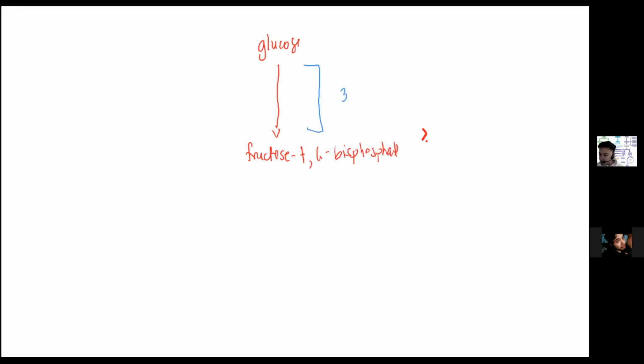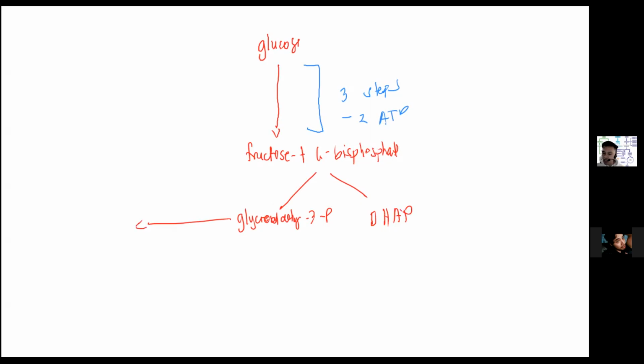We need 3 steps, and there is a concomitant use of 2 ATP just to reach the production of fructose 1,6-bisphosphate. Afterwards, fructose 1,6-bisphosphate is cleaved into glyceraldehyde 3-phosphate and dihydroxyacetone phosphate.